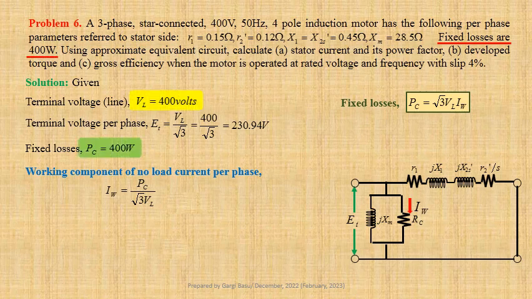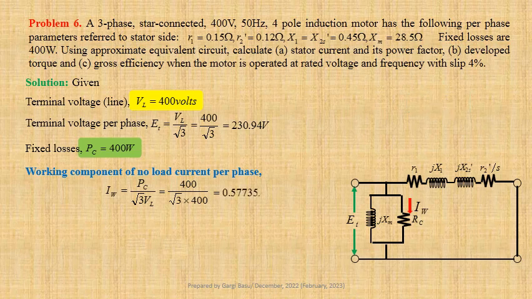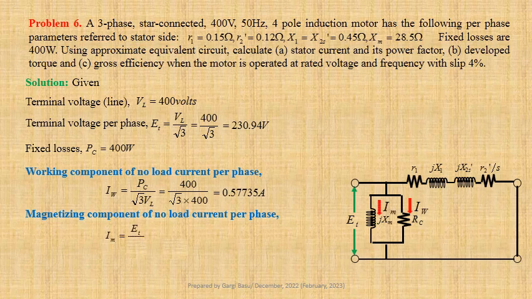Therefore, IW equals 400 divided by root 3 into 400, that is equal to 0.57735 ampere.